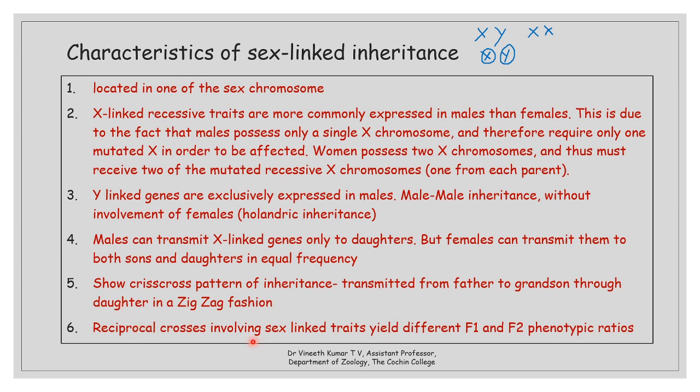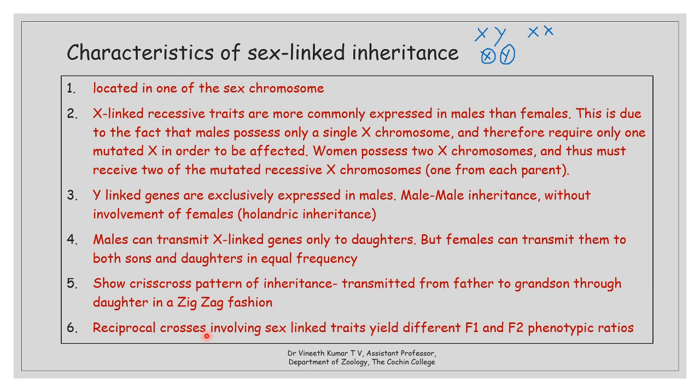And reciprocal crosses involving sex-linked traits usually yield different F1 and F2 phenotypic ratios. That is evident because we discussed reciprocal crosses with Mendelian inheritance with autosomal genes. But when you do the same thing with sex-linked genes, that is X and Y, the F1 and the F2 generations will be entirely different.